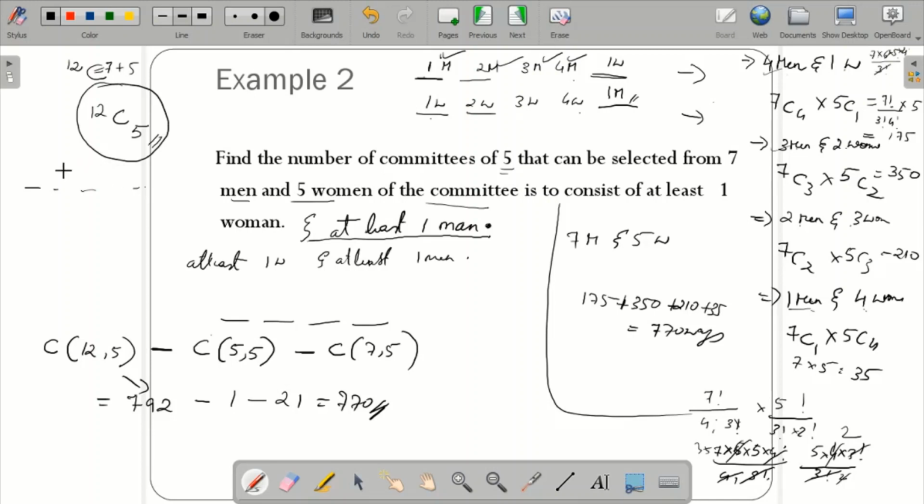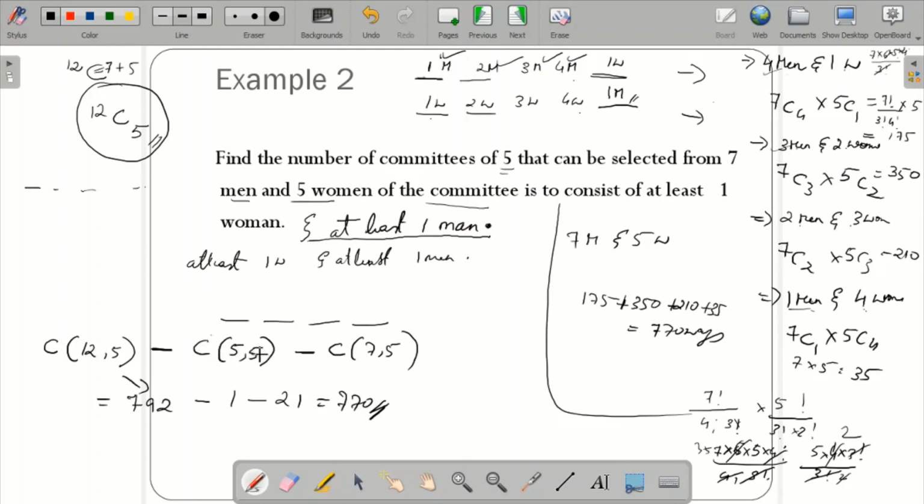From this I am subtracting all the combinations of women and all the combinations of men. That will give exactly the count of at least one woman, at most 4 women. So this is the same.